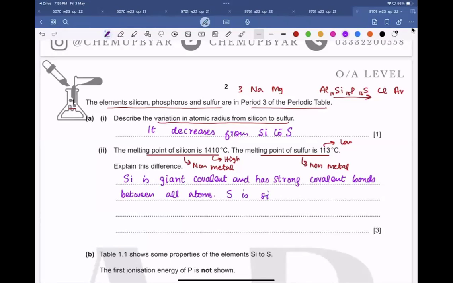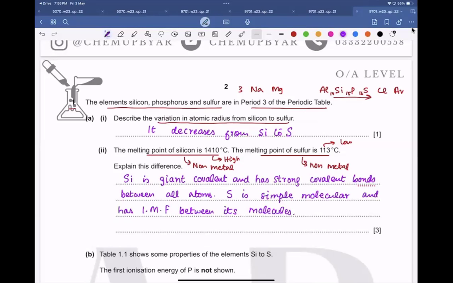Sulfur is simple molecular, and we conclude this by observing their melting and boiling points. Sulfur is simple molecular and has intermolecular forces or van der Waals forces between its molecules. So this covered 2 marks only.